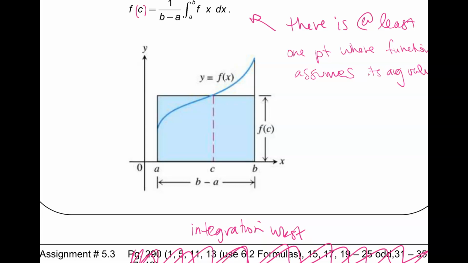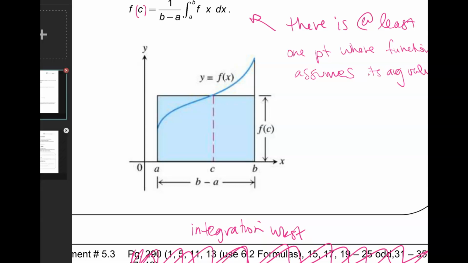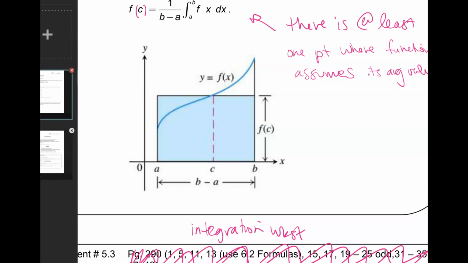Number 8, there's not enough info. Number 9, there's not enough info. Okay, let's go to the first one. Number 8 is h of x, a different function than f of x, so these two you can't do. That makes sense.